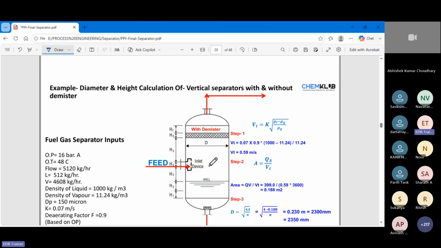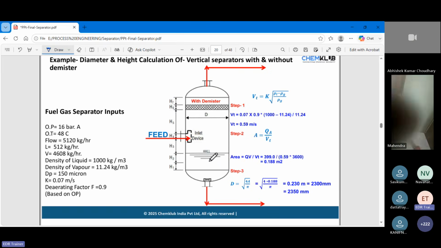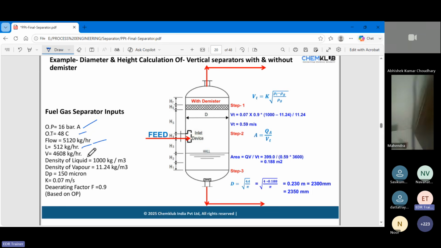So see one example, then we'll clear our doubts. Here we have an operating pressure of 16 bar, temperature is 48 degrees, flow rate is 5120 kg per hour. Liquid is 10% of the total flow rate and the rest is gas.